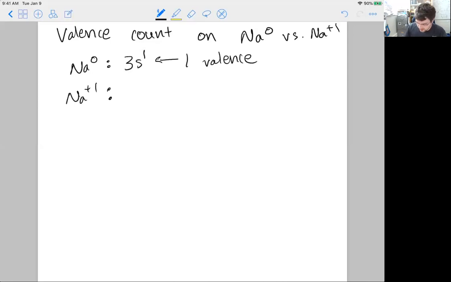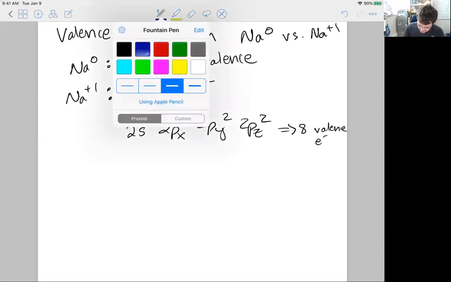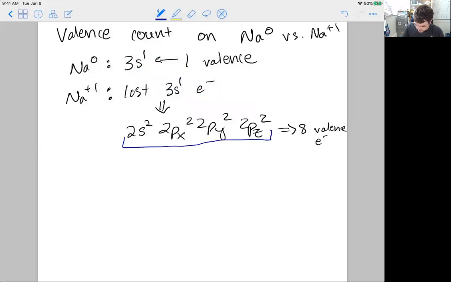So just to catch that, we've lost the 3s1 electron. Now our valence electron configuration is 2s2, 2px2, 2py2, 2pz2. And if you look, we now have 8 valence electrons, and this configuration matches neon.